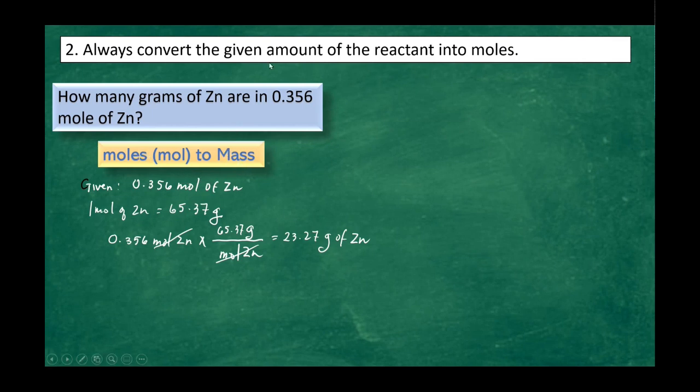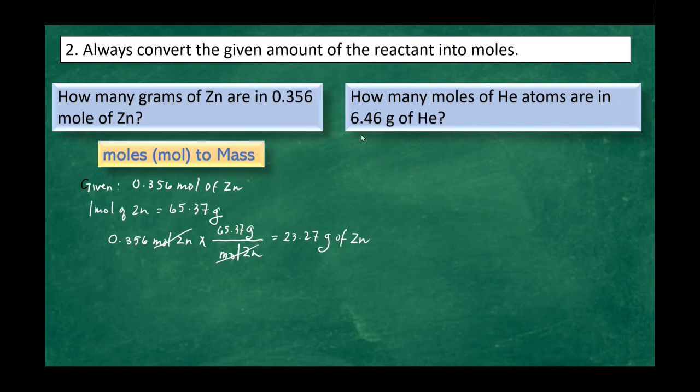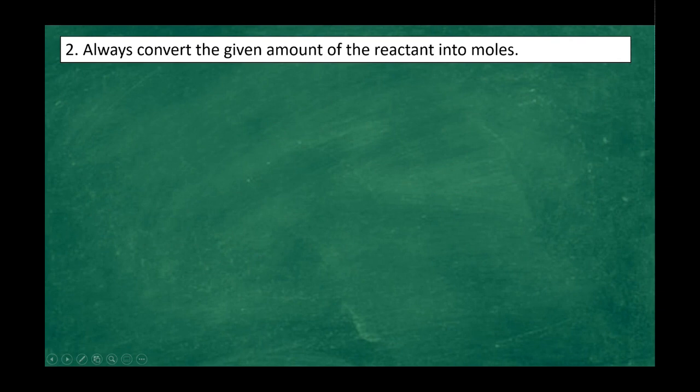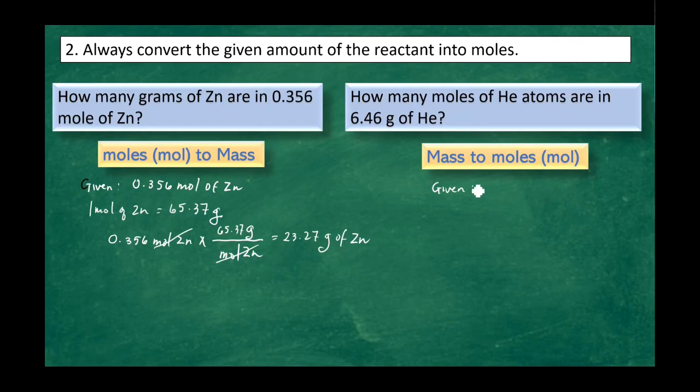So how about if it is in reverse? The given is mass and we need to find the mole. Same process: note the given from the problem. Our given is 6.46 grams of helium.